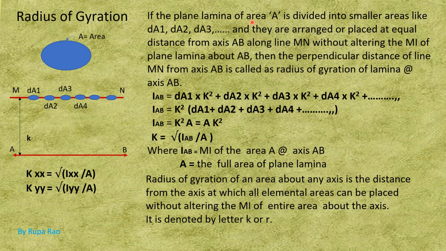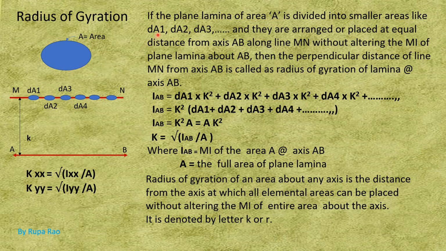If the plane lamina of area A is divided into smaller areas like dA1, dA2, dA3, etc., and they are arranged or placed at equal distance from the axis AB along the line MN without altering the MI of the plane lamina about AB, then the perpendicular distance between the line MN and axis AB is called the radius of gyration of the lamina about axis AB.